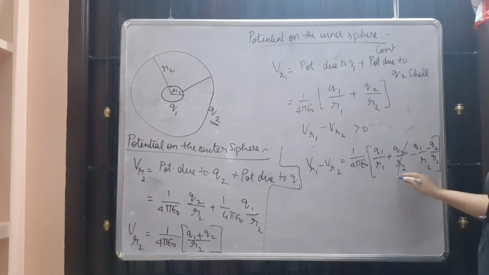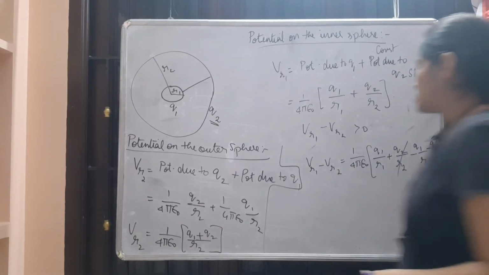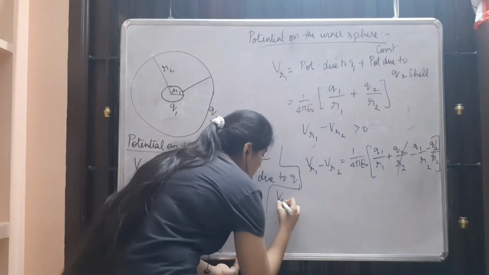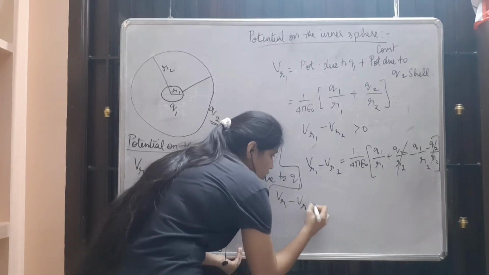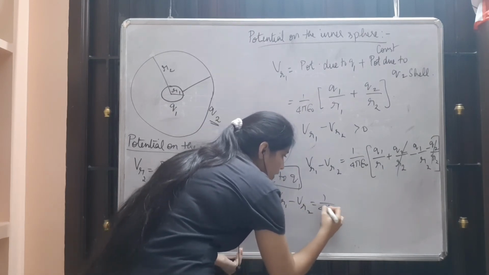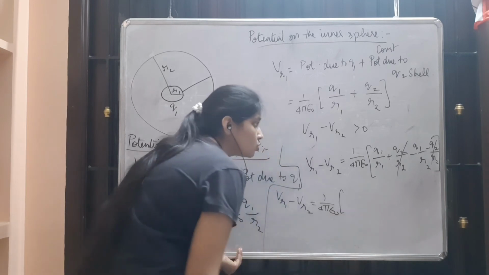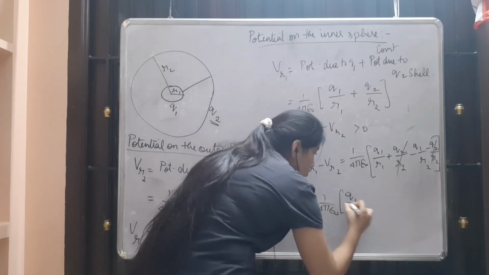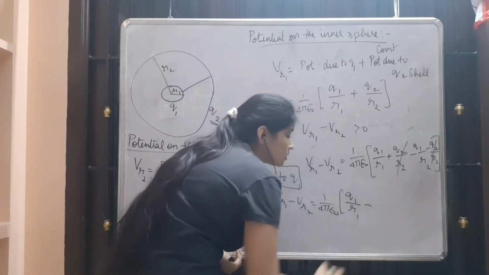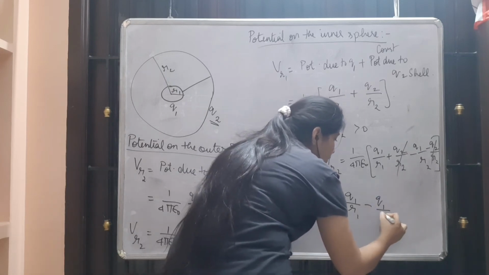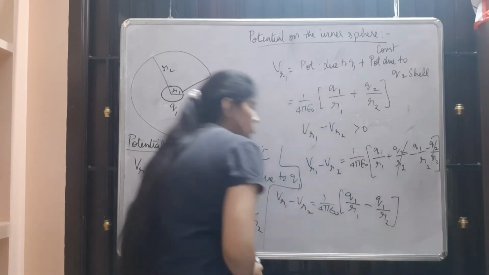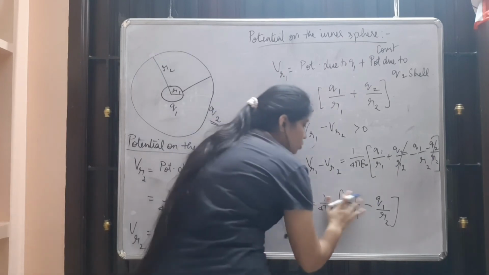Here this Q2 gets cancelled. So you will have V_R1 minus V_R2 equal to 1 by 4 pi epsilon naught into Q1 by R1 minus Q1 by R2. Here you can take this Q1 common out.